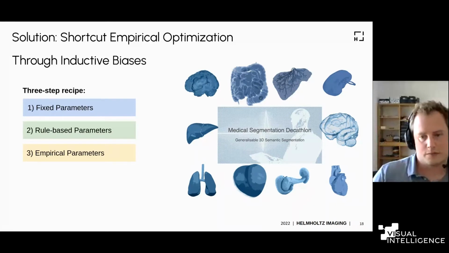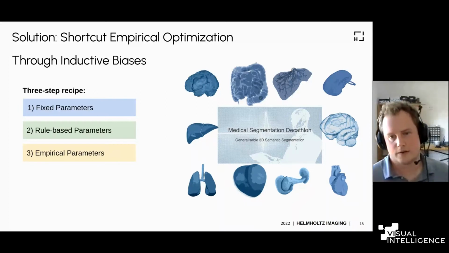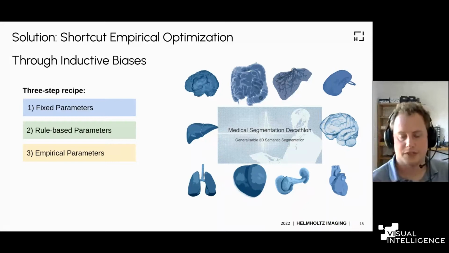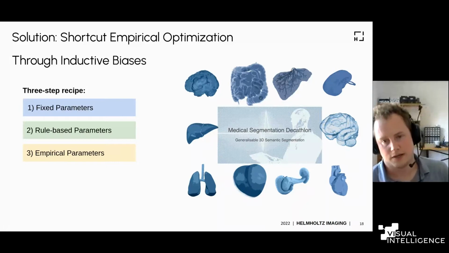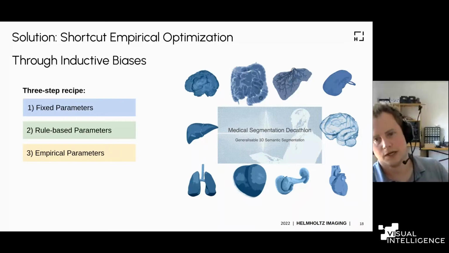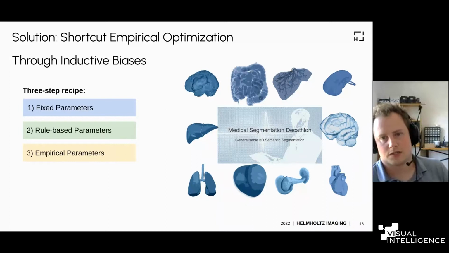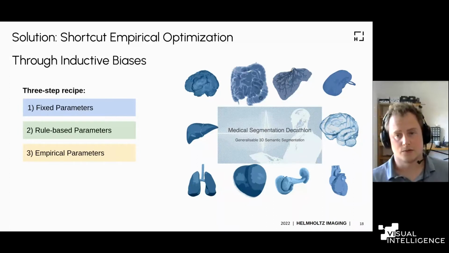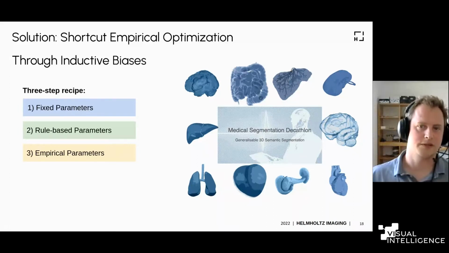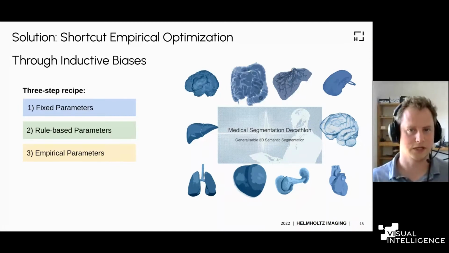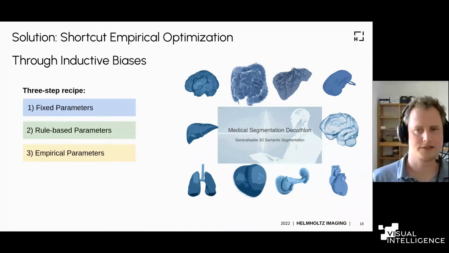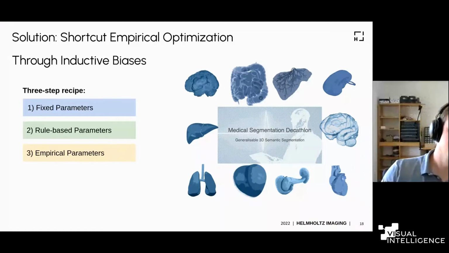And in this context, I should mention that the original nnU-Net was initially developed as part of our contribution to the medical segmentation decathlon, which was a competition where participants were being tasked with providing one algorithm that could train and then predict segmentations from 10 different data sets. So you could retrain for every data set, but your method had to be fully automatic, so you weren't allowed to do manual per dataset annotation for your method.